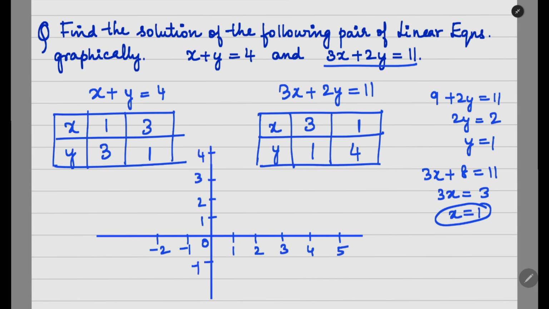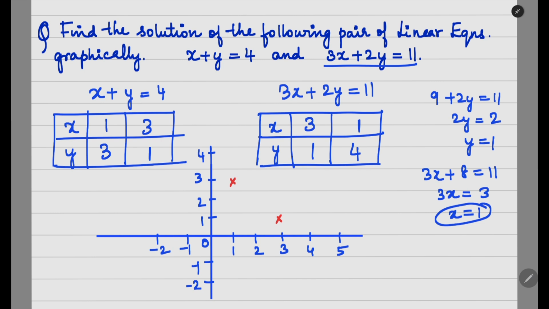Again, minus 1, minus 2. Which is the first point? 1, comma 3. So this is the first point, right? And the second one is 3, comma 1, which will be here.